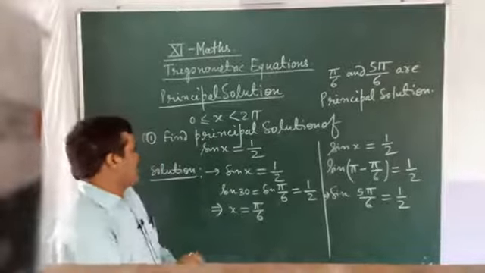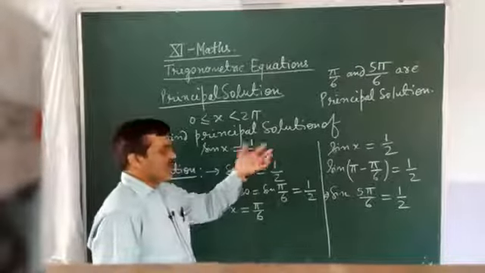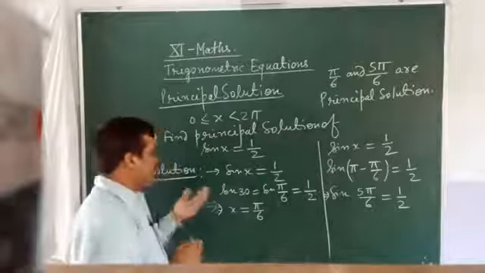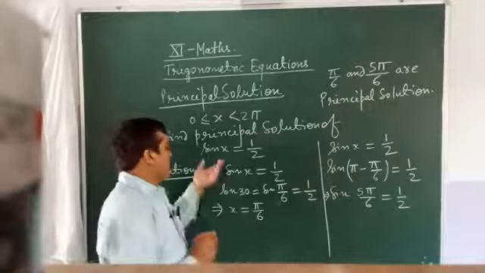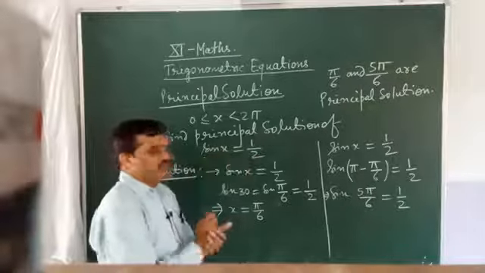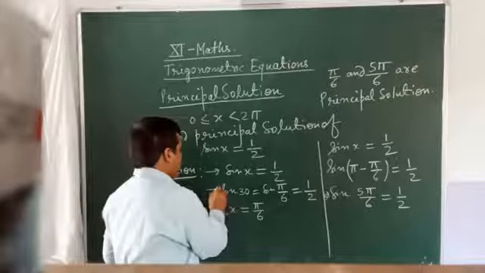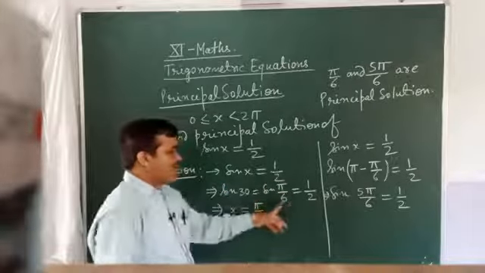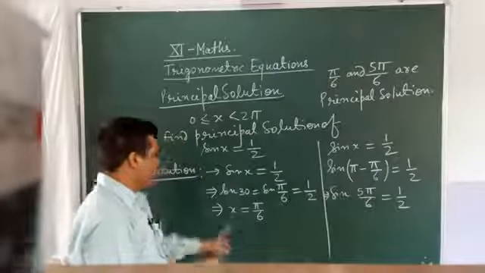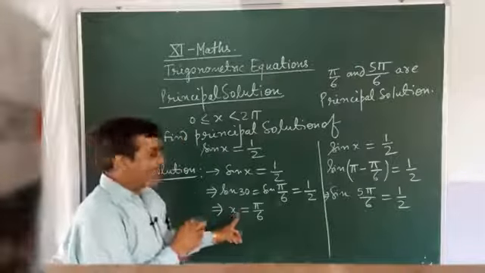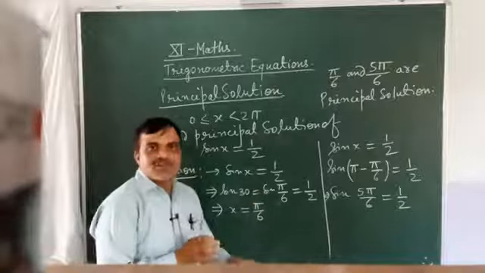Once again, listen. If you are given sin x equal to 1 by 2, the question arises which value has sin equal to 1 by 2. We know that sin 30 degree, or sin pi by 6 in radian, equals 1 by 2. Therefore we get the value x equal to pi by 6.